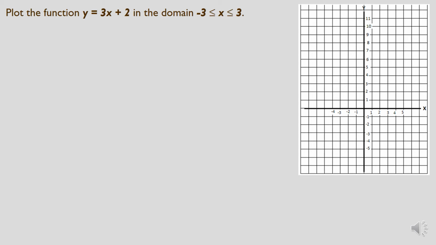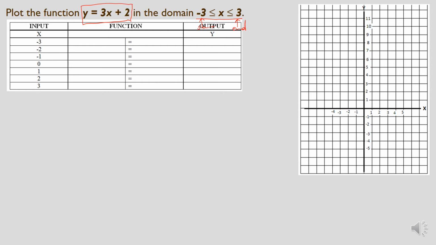Now we're given a different function, y = 3x + 2, in the domain from -3 to +3, so this is our start and our end, and we'll do it just as we did before.